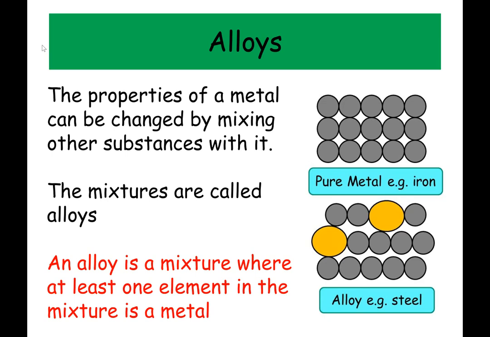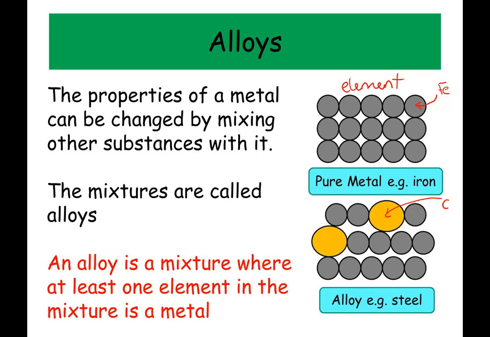In the pure metal form, we might have iron, which is completely made up of iron atoms. It's an element. However, you can add carbon to your iron and you produce an alloy, a mixture, which is called steel.